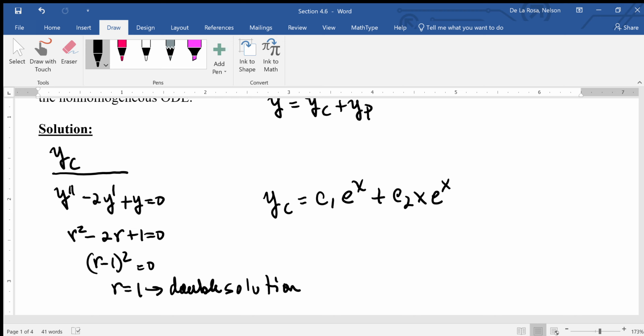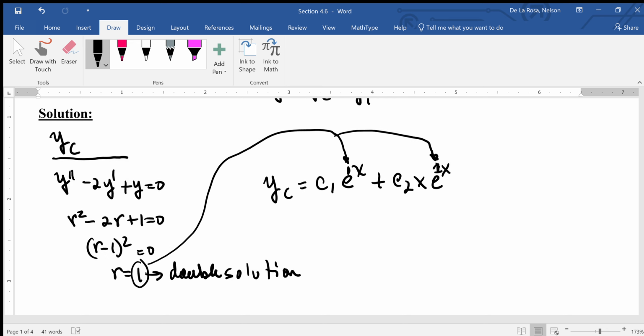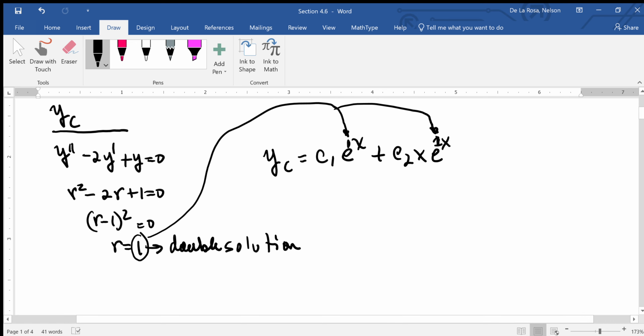Remember, this one is an invisible one we write in front of the x, right? One here and one here. Okay, so that is the complementary solution.